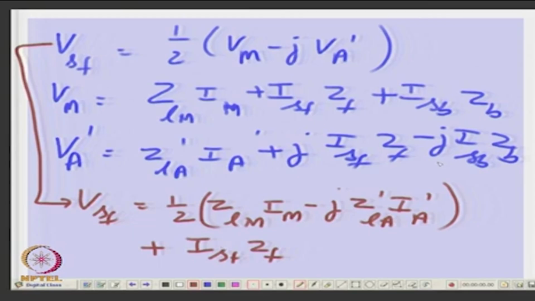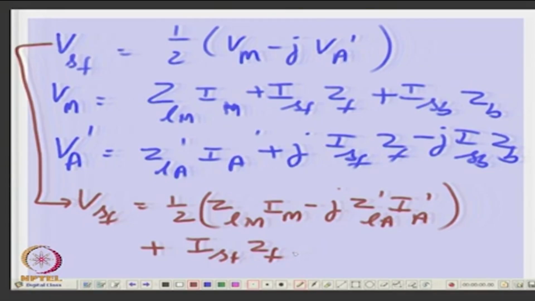See, j V_a dash will be minus j into j, which is j squared, minus j squared is plus 1, isn't it? So this minus this will cancel. So, for the V_sf, the forward voltage, there will be no induced voltage from the backward field.